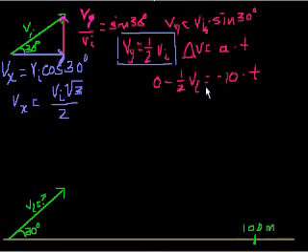I'm not writing the units for the sake of efficiency. And so let's see, the 0 doesn't matter. If I multiply both sides by -1, and then divide both sides by 10, I get t is equal to 1/20th v sub I, or v sub I over 20.